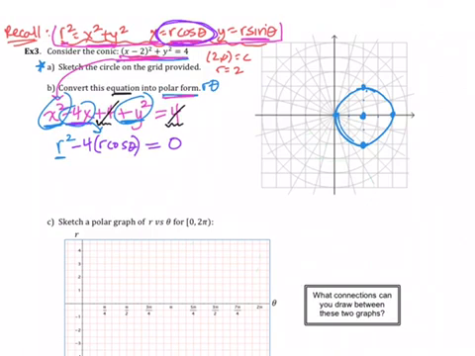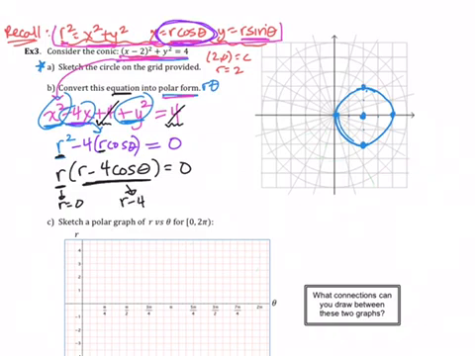I'm trying to isolate it so I just have r equals and that's it. So I'm going to factor out my r, because I have an r here and an r here. When I factor out my r, I get r times (r minus 4 cos theta) equals 0. So now I have two potential factors that could equal 0: either r equals 0 or r minus 4 cos theta equals 0.